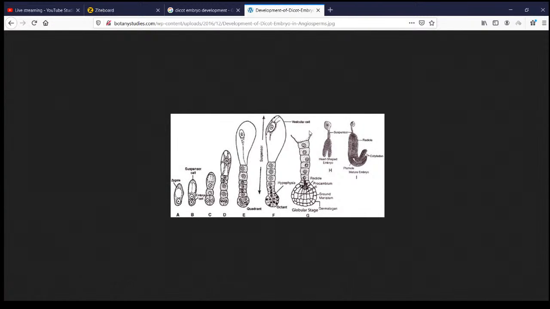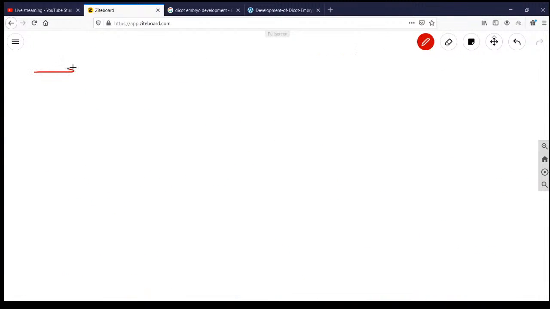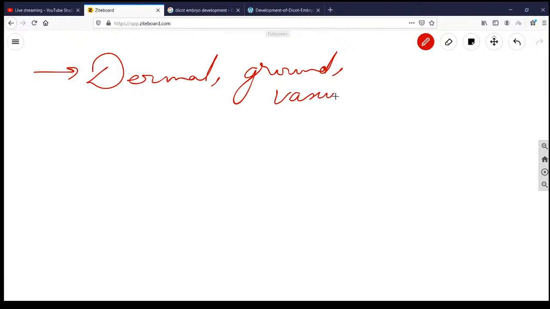The three basic tissue systems, the dermal, the ground, and vascular, you might have read in class 11th, under types of tissue. The three basic tissue systems can be recognized at this point based on characteristic cell division patterns.